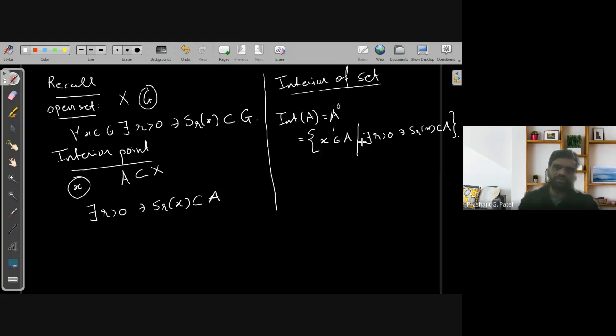Using this interior, we have proved that A is open if and only if A is equal to interior of A. This is the first result we did for interior. Secondly, we have proved that the interior of A is the largest subset of A which is open.